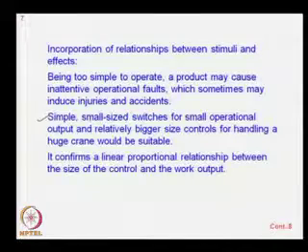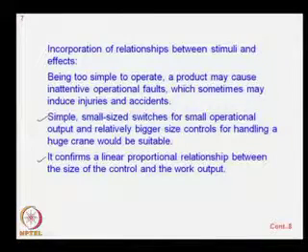Simple small sized switches for small operational output and relatively bigger size controls for handling a huge crane would be suitable.